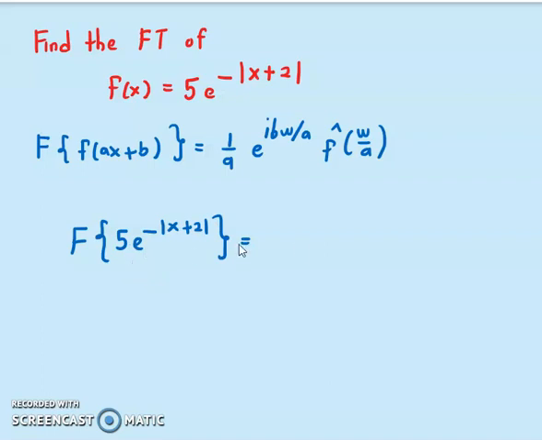By the linearity property, I can take 5 out, leaving me with the Fourier transform of e^(-|x + 2|).